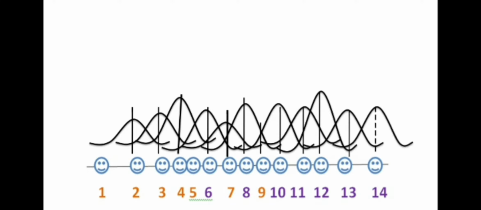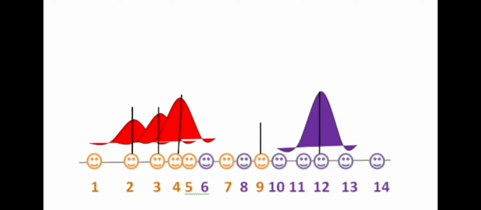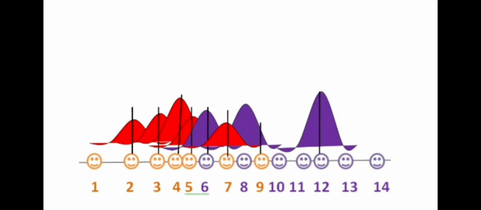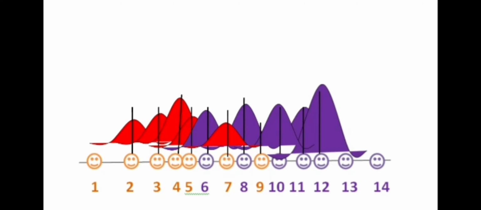Now the same analysis has been represented in color. Color indicates the field in which a particular person is dominant. Red indicates persons dominant in the hardware field, and purple indicates persons dominant in the software field. So we can easily classify the group of persons.